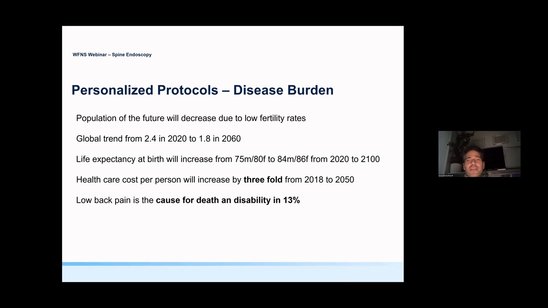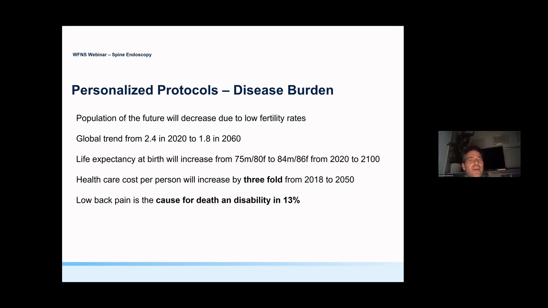But if you're born in 2100, it's 84 and 86, which means that the patients that have degenerative disorders and problems with the spine will increase overall in the world. And low back pain is now the cause for death and disability already in 13% of the world population, according to the disease burden report, and this will increase.